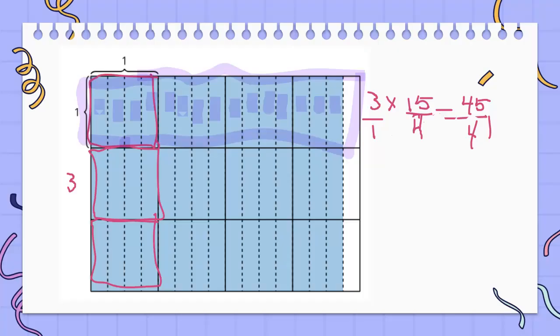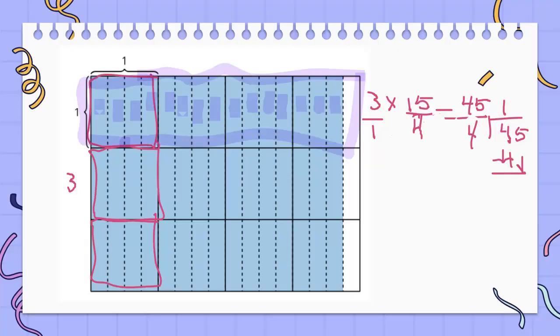Now we need to convert this. You could see 45/4 as an answer on your test. But if you see a mixed number answer, that's where you have to work it out. We ask ourselves, how many groups of 4 can we make in 4? That's going to be 1. And we go through with our subtraction. 4 minus 4 equals 0.